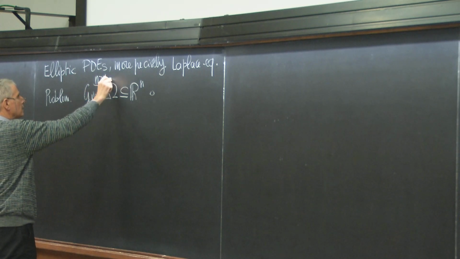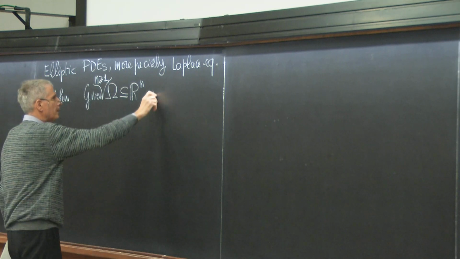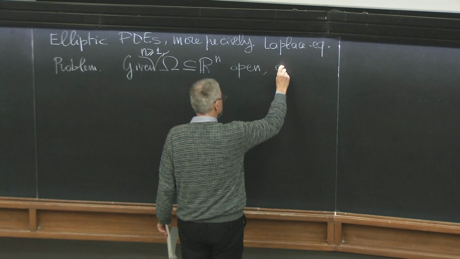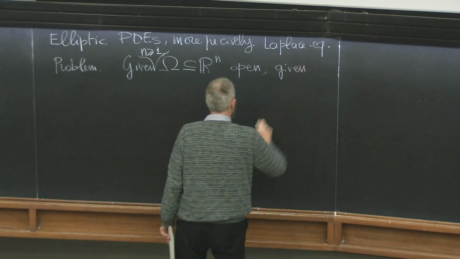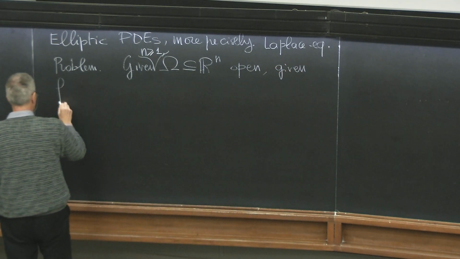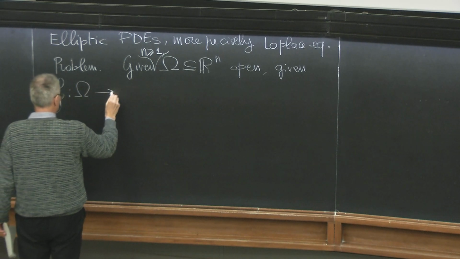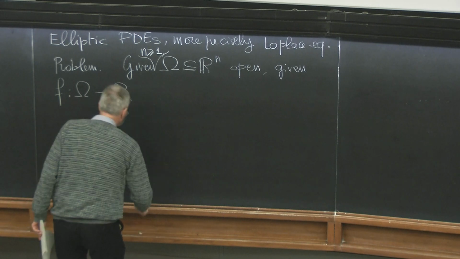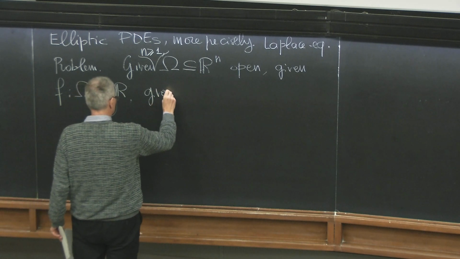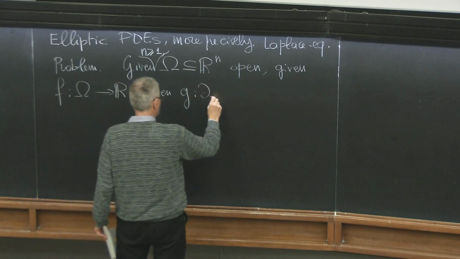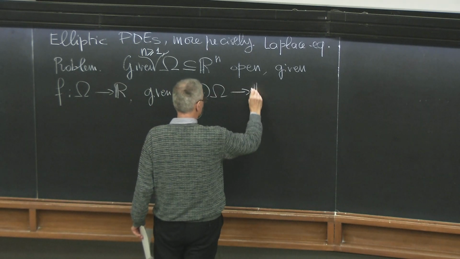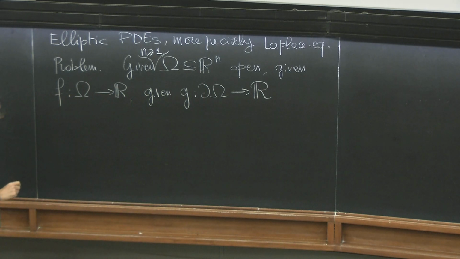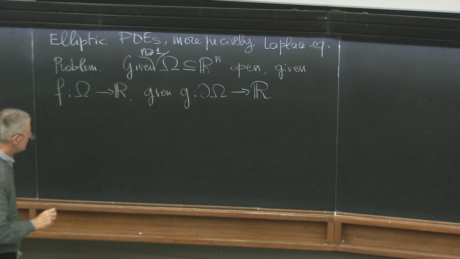So given n larger or equal than 1, open set, given some function f, given also some function g defined on the boundary of omega, we are interested in studying the following Dirichlet type problem.